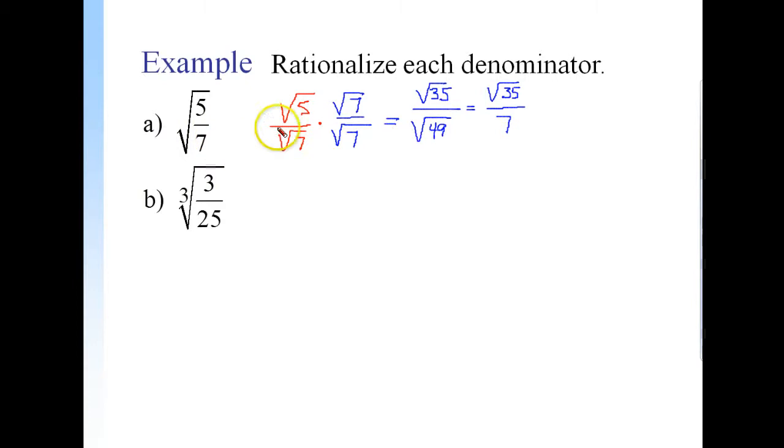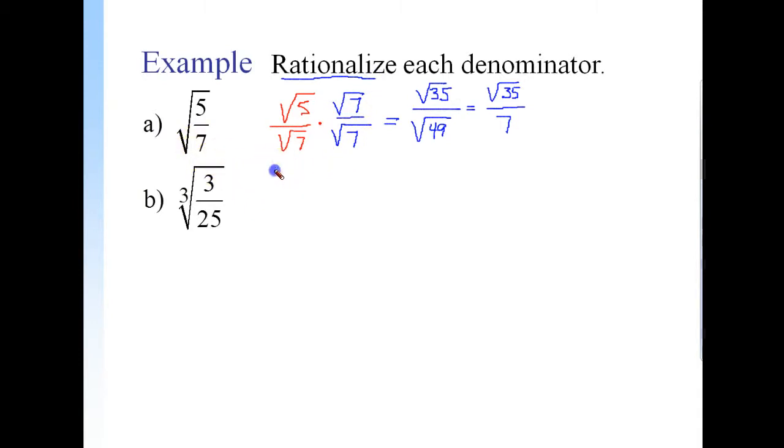So where originally we started off with an irrational number, by just squaring it, I made it into a perfect square that then became a rational number. I have rationalized my denominator.